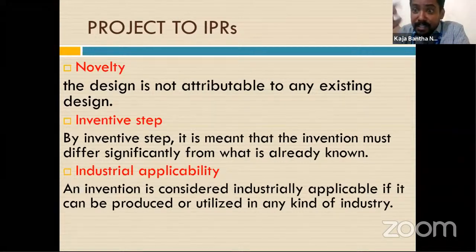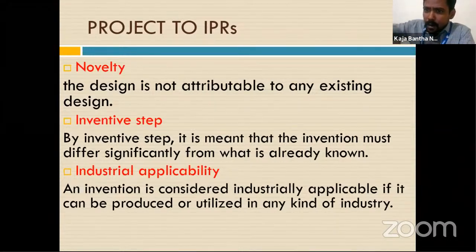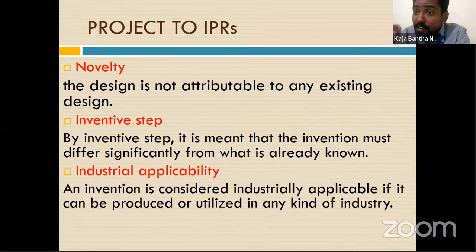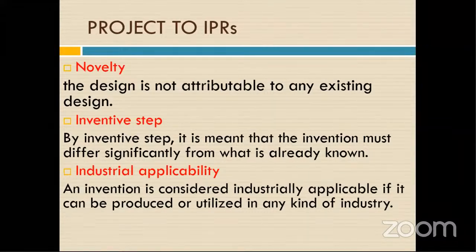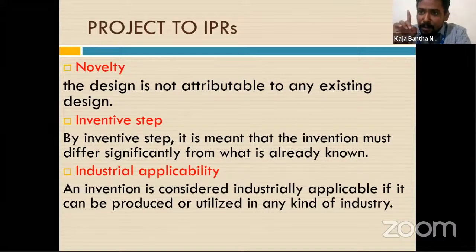Industrial applicability: yes, sir, my product is applicable for agriculture. My products are applicable specifically for healthcare people. My product is for the aviation industry. You have very clear industrial applicability. That means you can also file a patent in your name, in your institute name. Just note it. You can also develop one new product, new things in your name.